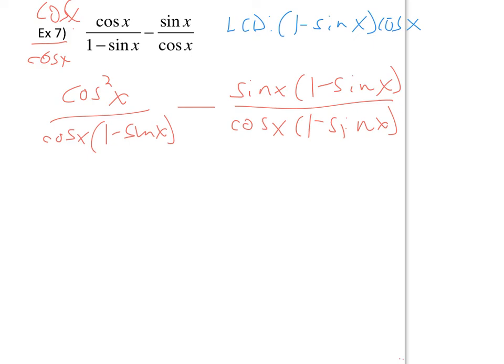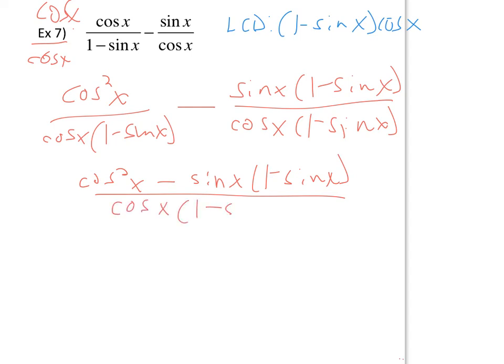Okay, so now that these two things have that same denominator, now I can go ahead and combine them. So I'm going to get, let's see, cosine squared of x minus sine x times 1 minus sine x, and this is going to be all over that LCD.